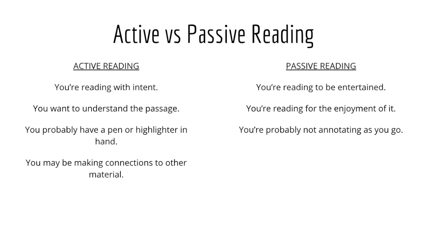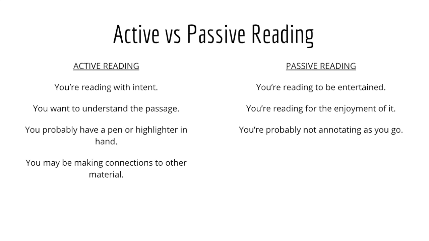And as I mentioned a minute ago, there is active reading versus passive reading. Active reading is reading with intent, really trying to understand a passage, and you're probably reading with a pen or a highlighter in hand, trying to make connections within a text and maybe to other texts in the course or other things you've already encountered.